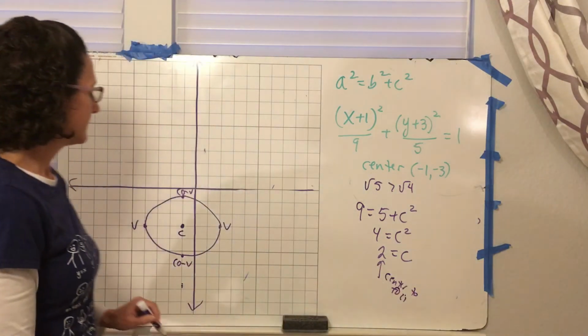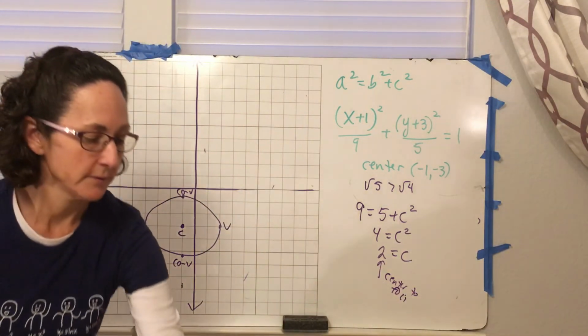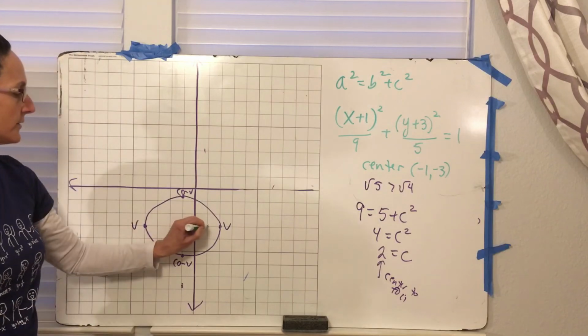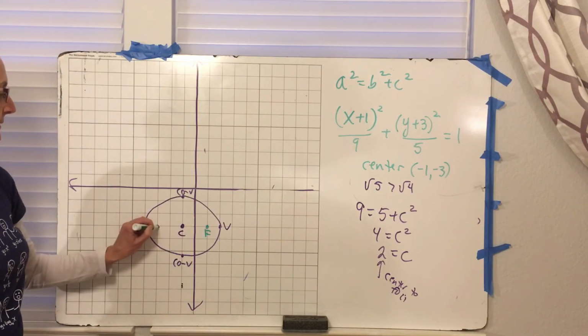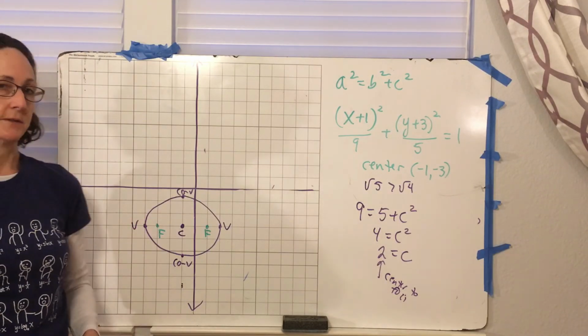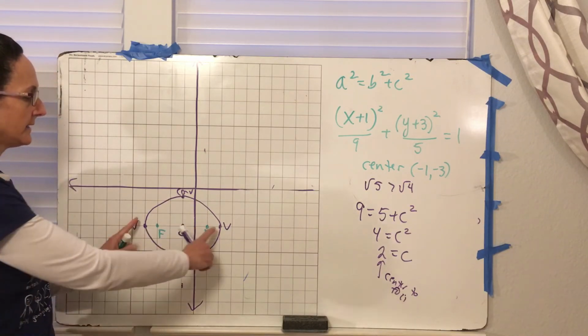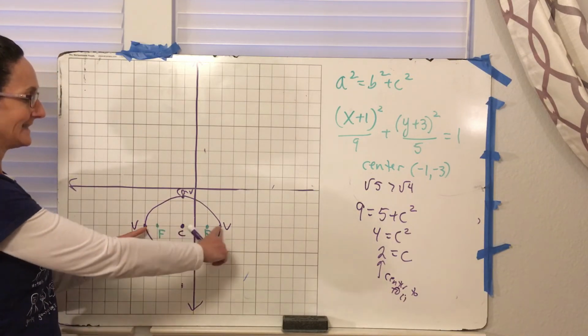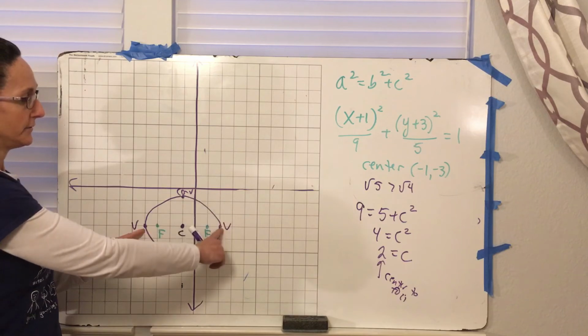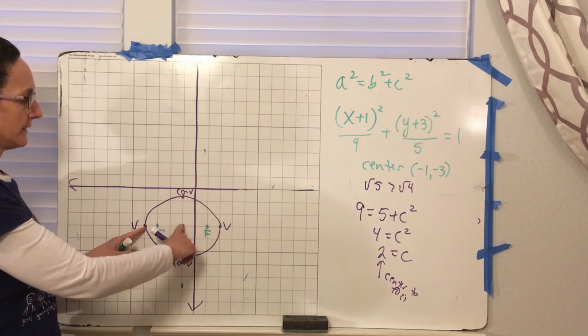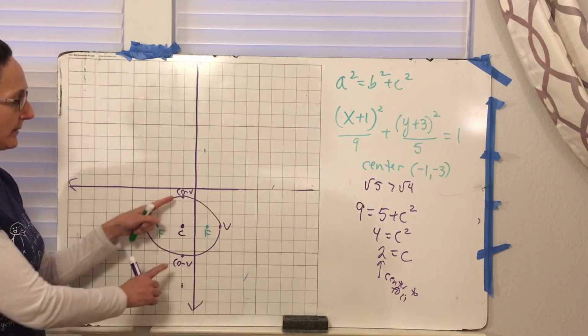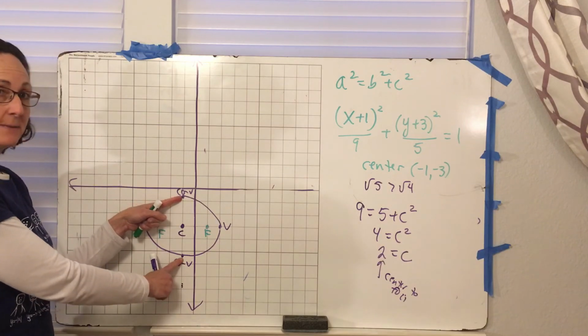So I am going to go out 2 in the long direction, foci, 2 out in the other direction, foci. I do not need to label these 4 points because I can see clearly what they are: (2, -3), (1, -3), (-1, -3), etc. But these two, you guys have to give me exact coordinates.